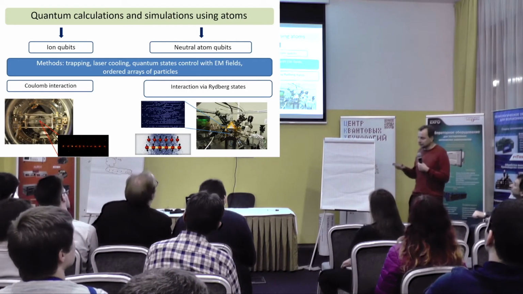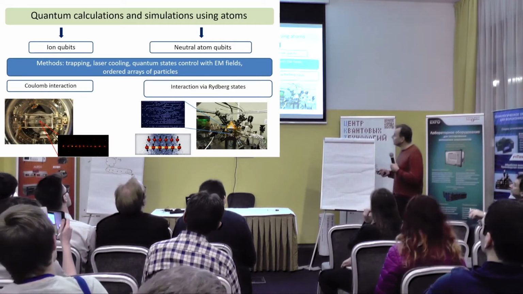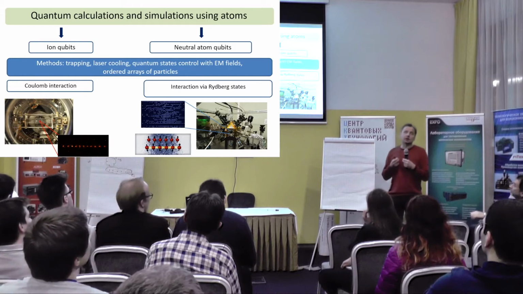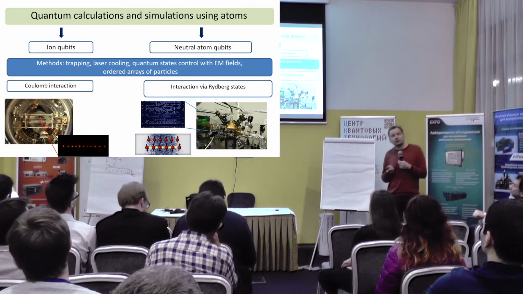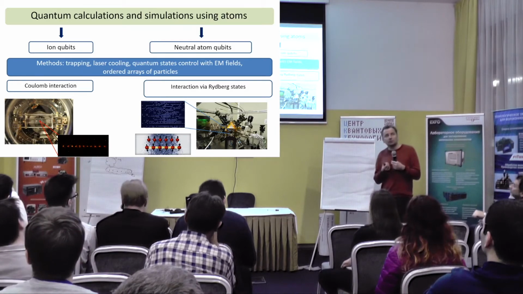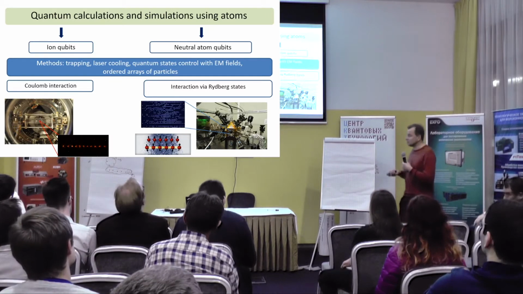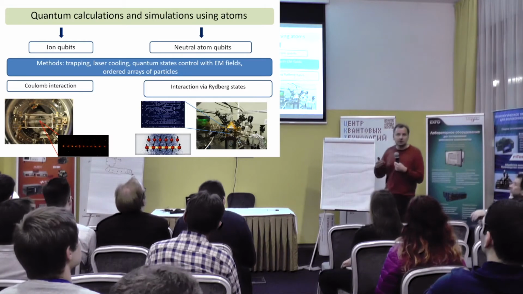We will see either electronic states or some other internal states, but the difference is how two ions or two atoms interact with each other, because ions have strong interaction between each other because of the Coulomb force. It's a strong force, and it scales as 1 over r squared, so it's a really strong one.